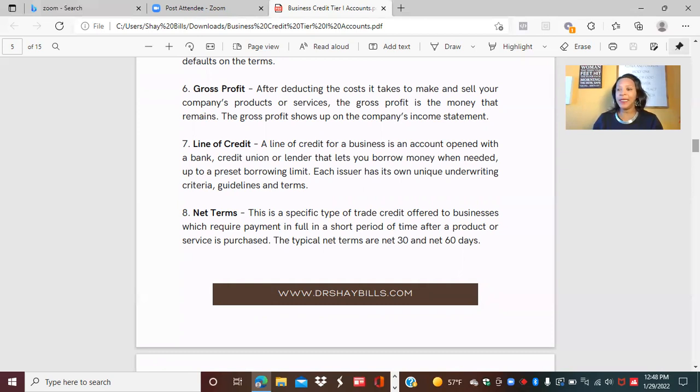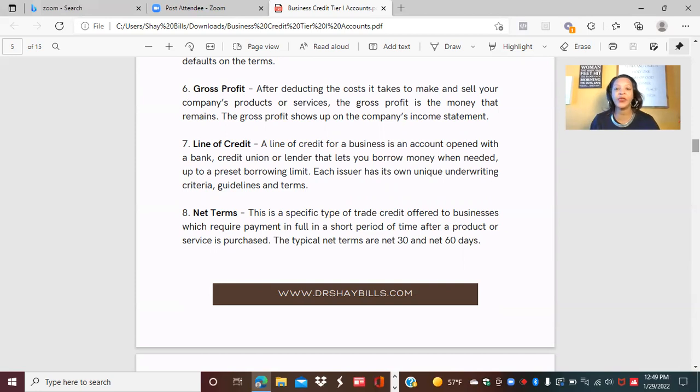And what that means is if it's a net 15, that means it has to be paid in full in 15 days. If it's a net 30, it has to be paid in full in 30 days. If it's a net 120, it has to be paid in full in 120 days. You get what I'm saying? So whatever that number is, that bill has to be paid in full by that date.